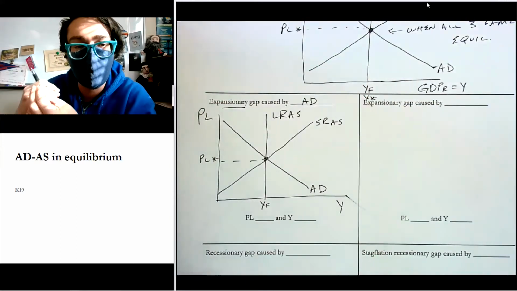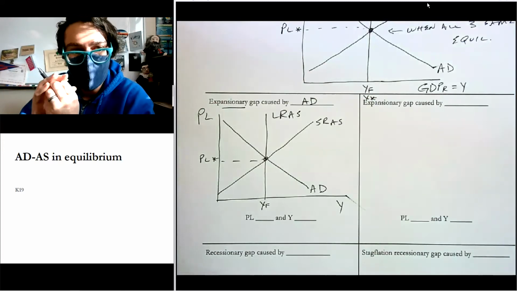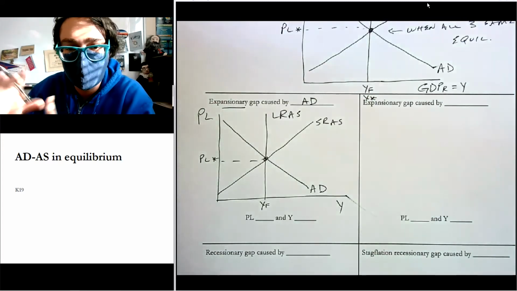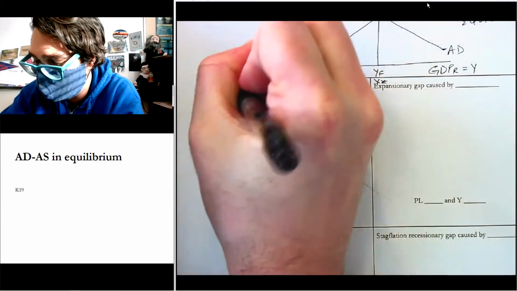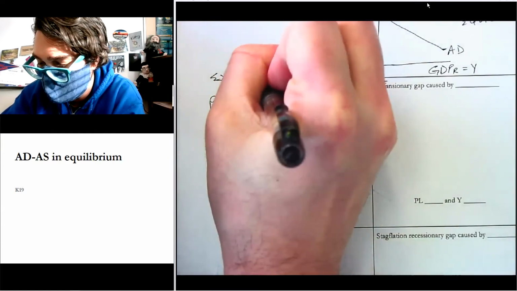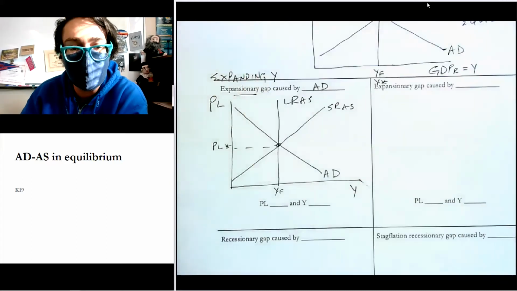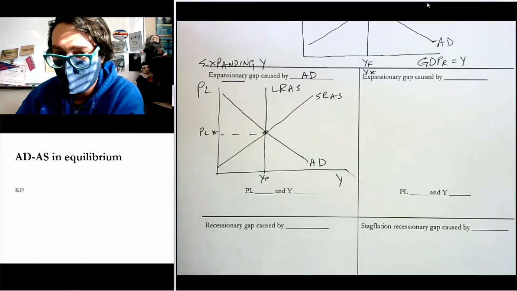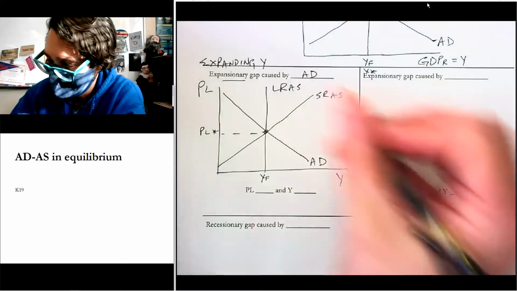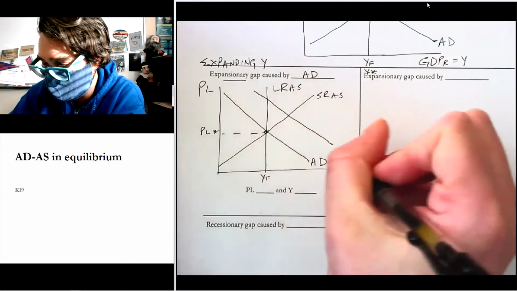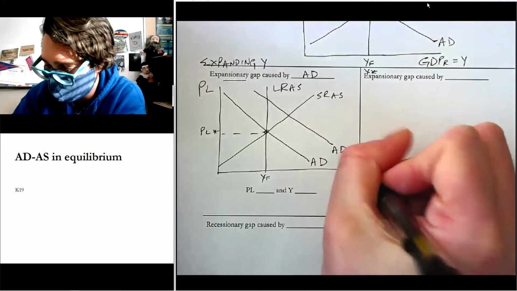And we're going to create something called an expansionary gap. Within that name, expansion tells you we're expanding the economy, so we're expanding output, or Y, the quantity of output. And how would we get there to be more Y if aggregate demand is changing? Well, it would be aggregate demand increasing.